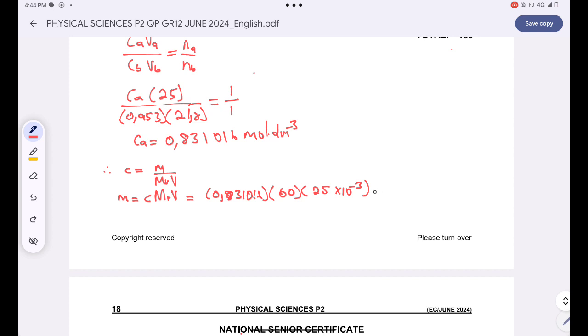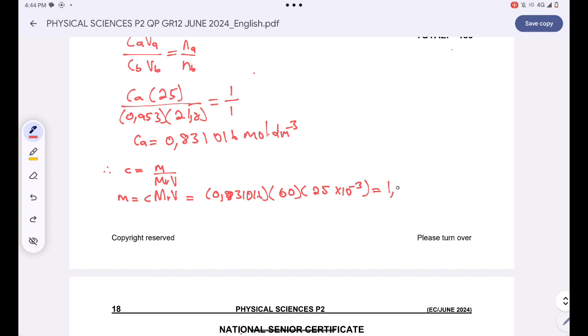Remember that we are changing this into decimeters cubed whenever we use this equation.